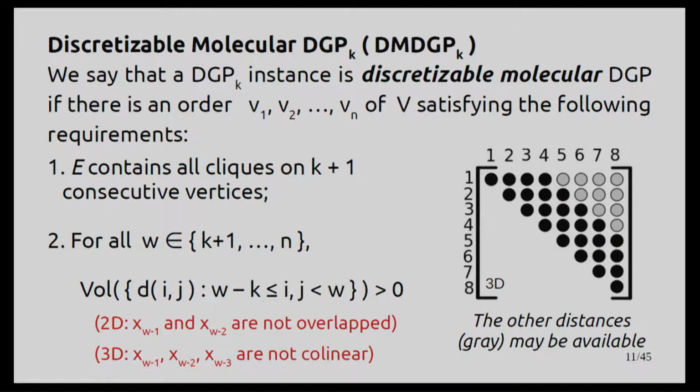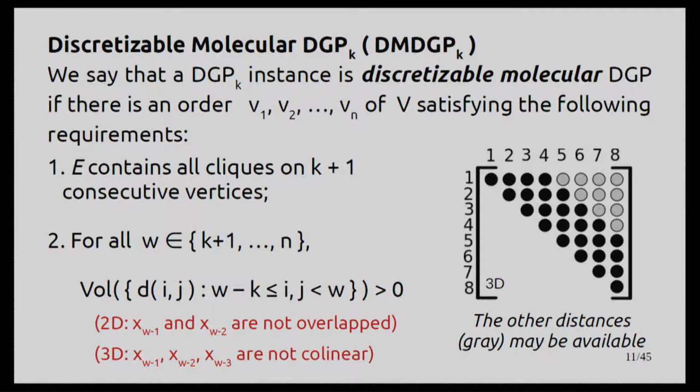So we will rephrase the problem as one where the order is given, which makes the problem easier. So now we have our distance geometry problem, but we assume that we also have an order that satisfies these two constraints. One is that each k plus 1 consecutive vertices form a clique. And the other is a kind of non-degeneracy constraint.